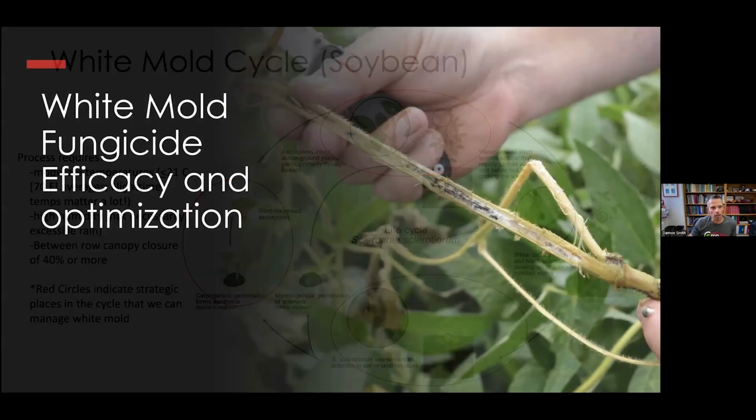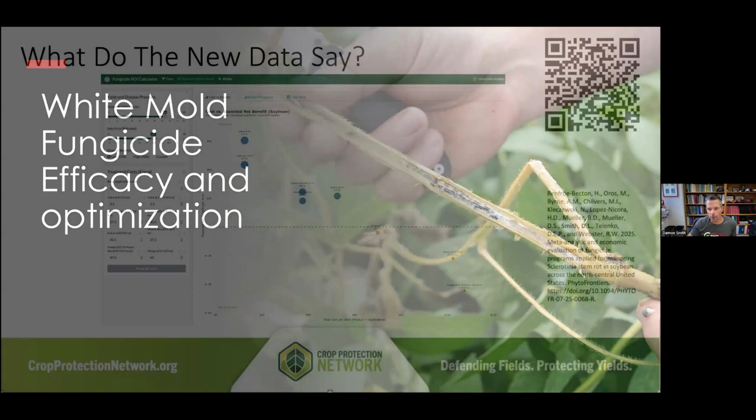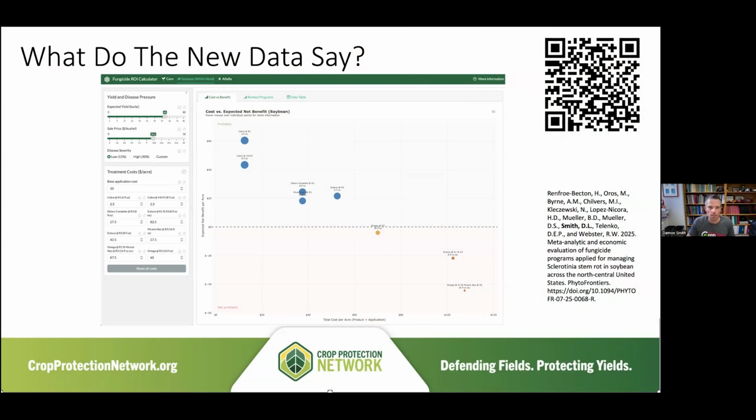So let's talk a little about fungicide efficacy and optimizing applications here. We did update the white mold tool as well this year. The ROI calculator tool lets you run some scenarios just like with corn. So I did that with some 60 bushel beans here, at a $10.60 sale price. I used a lower disease severity in this case, 15%, because I want to make a point here.